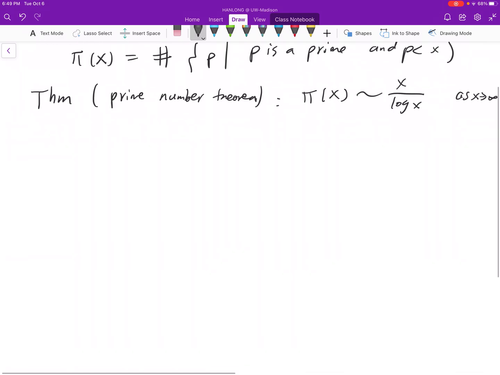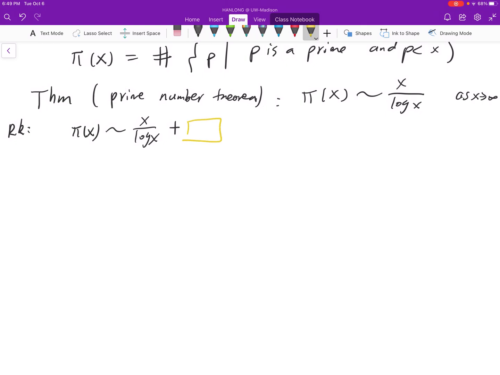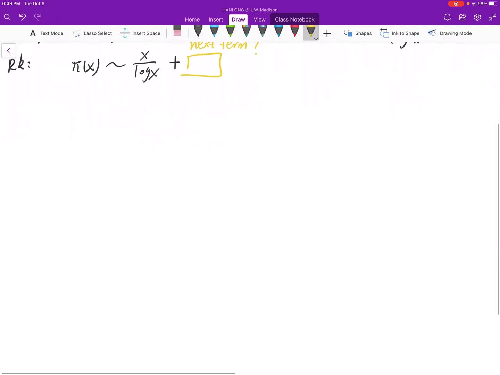And actually, I'm not an expert in number theory, but I heard that the Riemann hypothesis, you see here you have the first approximation, then the Riemann hypothesis is more or less equivalent to deciding what is the next term, to decide the higher order terms.